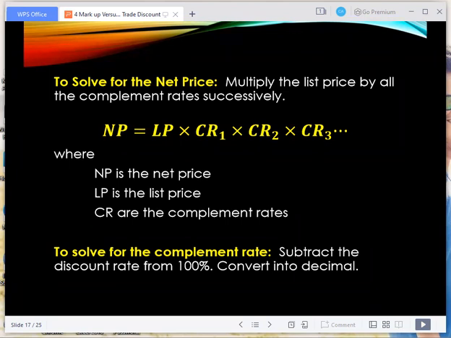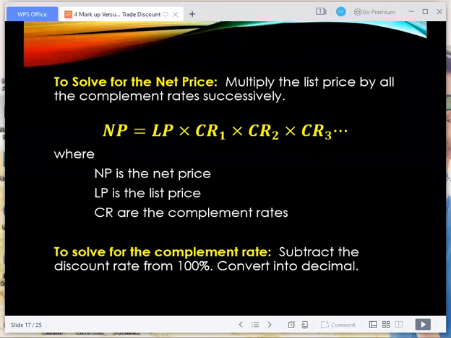So for example, there is a discount of 10%. So the complement rate would be 1 minus 0.1. And that would now be equal to 0.9. That is complement rate. Again, to solve for the complement rate, 1 minus the given discount rate.